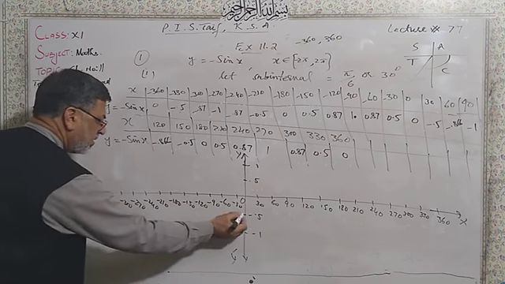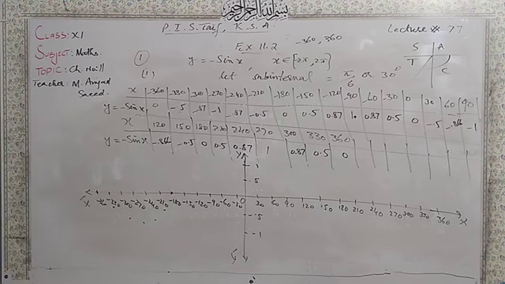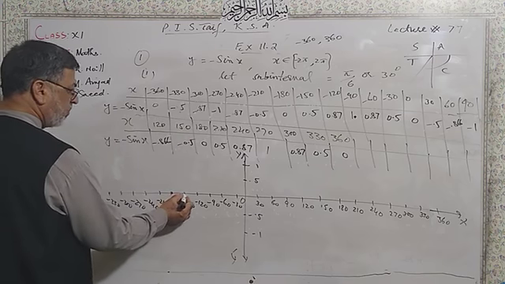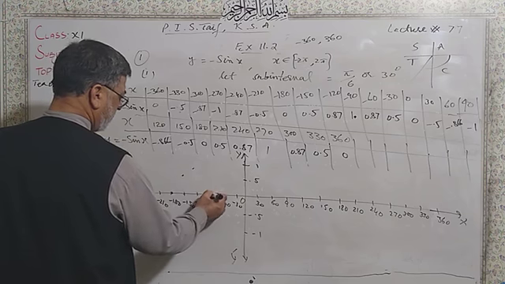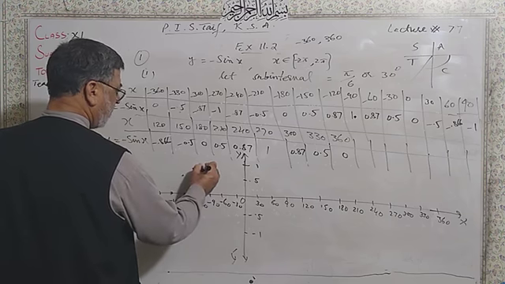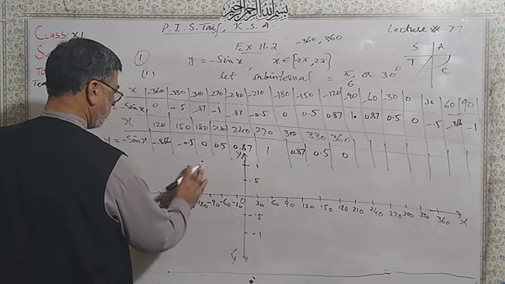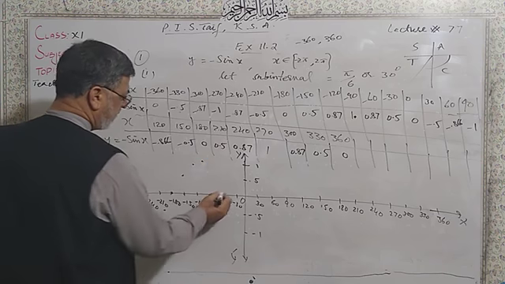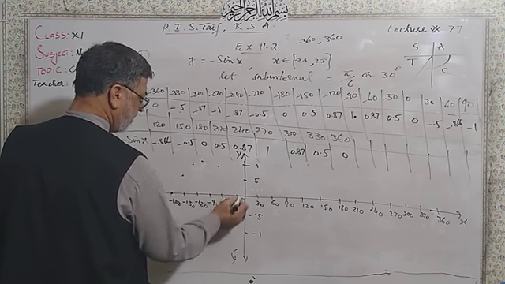And here 210 is 0.5, 180 is 0. Then minus 150 is 0.5. Minus 120 is 0.9. Minus 90 is 1. Then minus 60 is again 0.9.